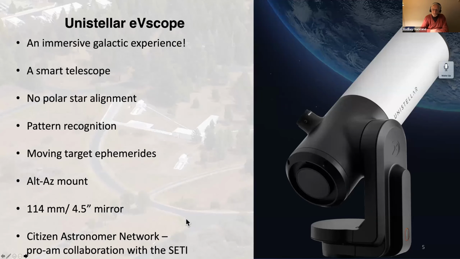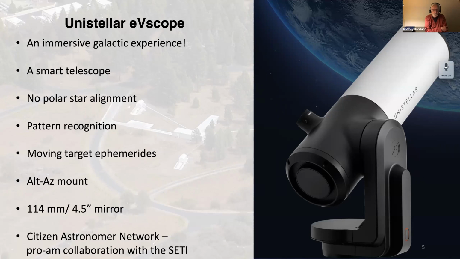Here's one which is completely different. This one I have seen, and it came into my local astronomical society in a backpack and was immediately set up in a flat area, turned on, and being a smart telescope, it was able to recognize where it was pointing, and so it doesn't need polar star alignment.